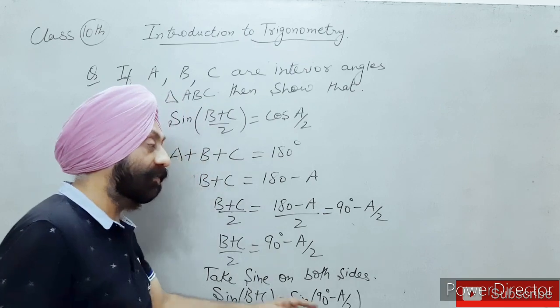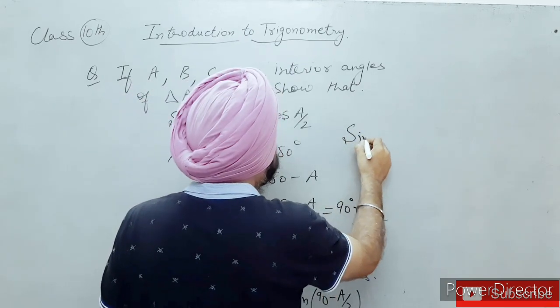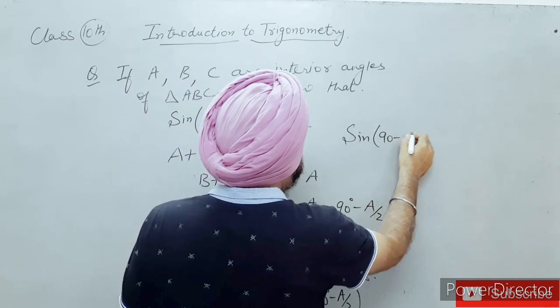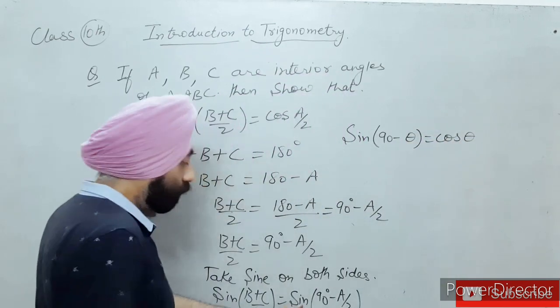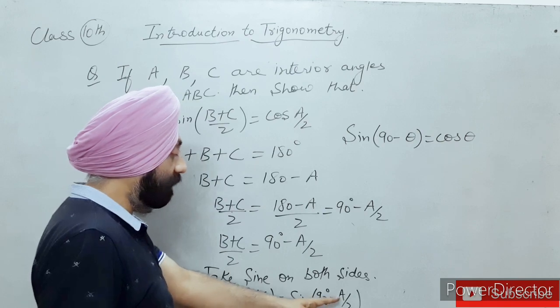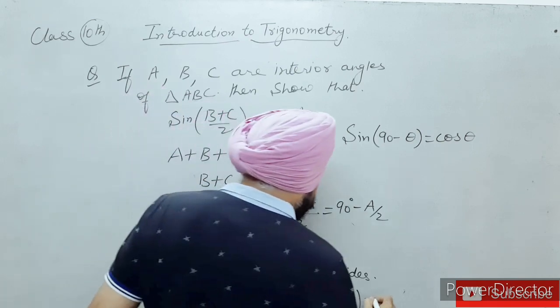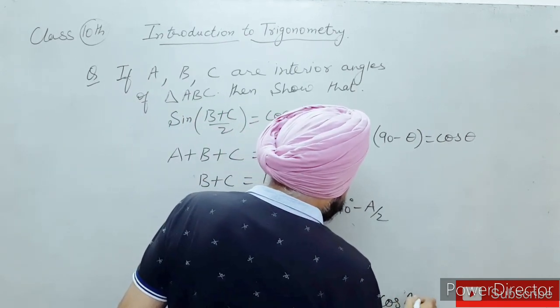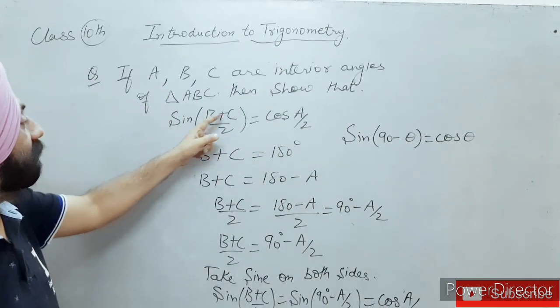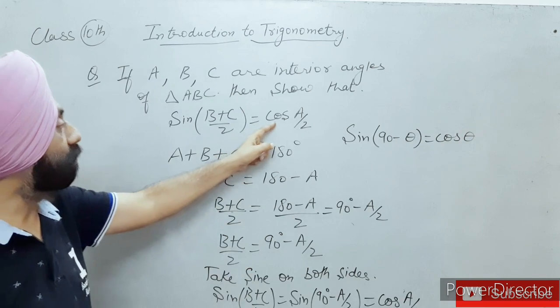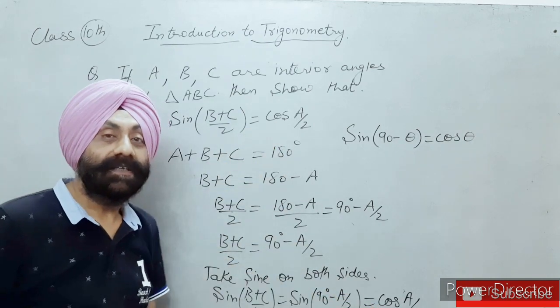What is sine of 90 minus theta? Sine of 90 minus theta is cos of theta. So I can write sine of 90 minus A by 2 as cos of A by 2. Sine of (B plus C) by 2 is equal to cos of A by 2.